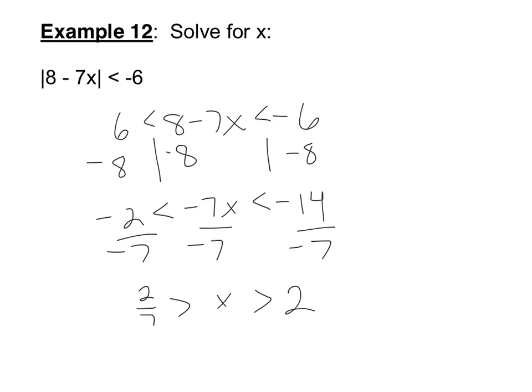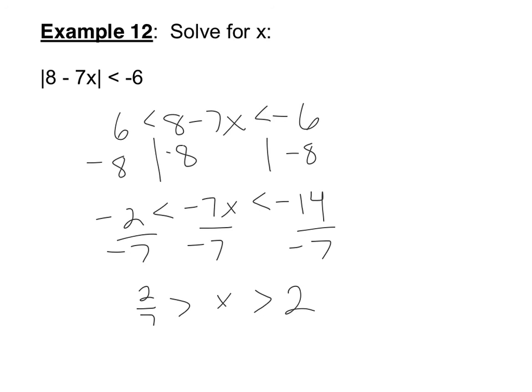Okay, so here's the thing. If we pick a number between these two values, isn't 1 a number between 2/7 and 2? But here's the thing. This looks very weird because can you be less than 2/7 and greater than 2?